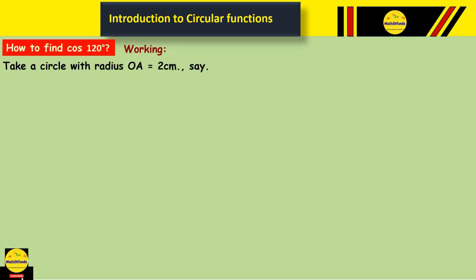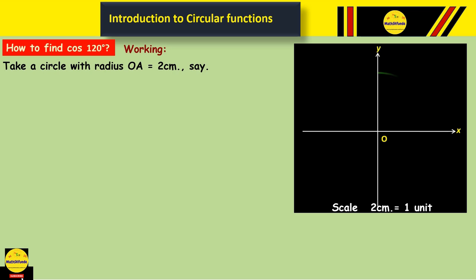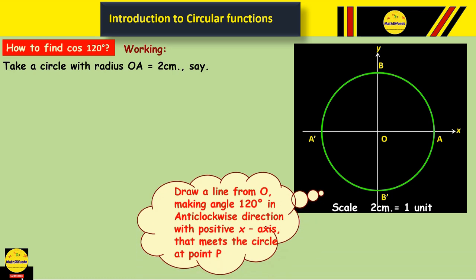We will have to take a circle of some radius. Say I have mentioned here, say 2 centimeters. I will draw the circle, and to show that 120 degrees, we will have to draw a line which makes angle 120 degree with positive x-axis in anti-clockwise direction.